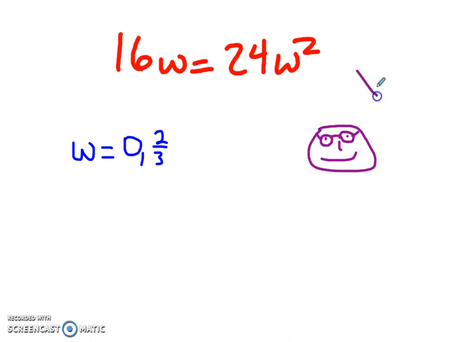If you didn't, put an X, go back and figure out where you made your mistake. Circle it when you found it. If you made a mistake, again, remember that you want to have that lead coefficient positive. So I would subtract 16w from each side first.